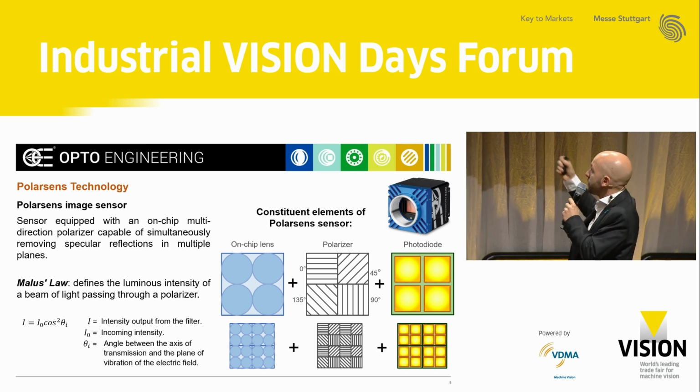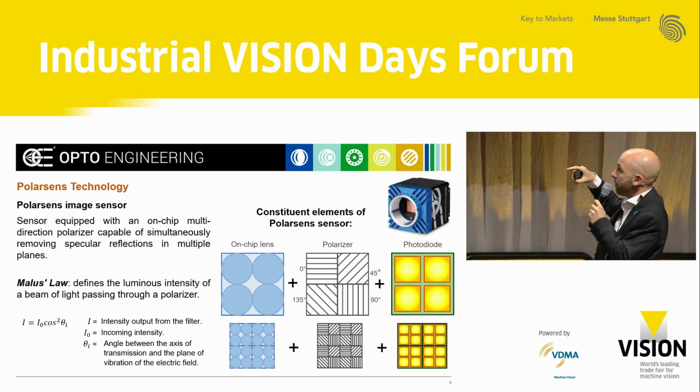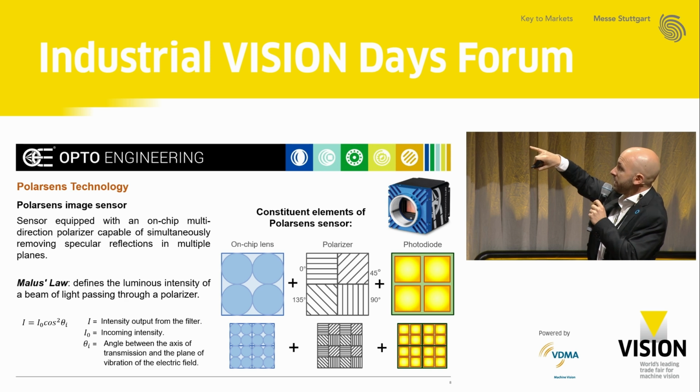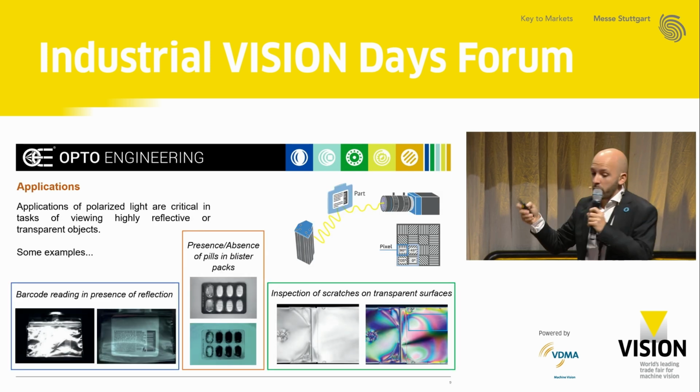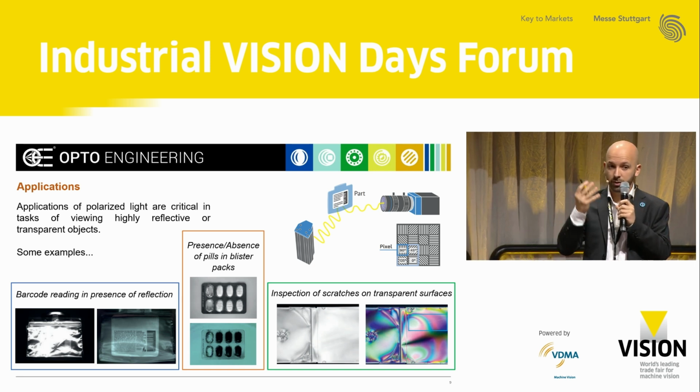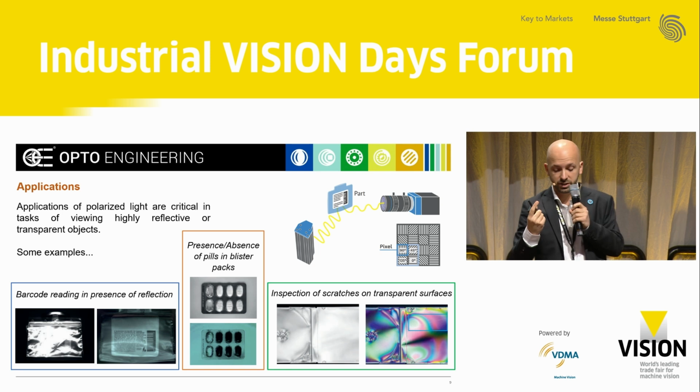The outcoming wave is defined by Malus's law, which shows the dependence on the angle at which the wave strikes the polarizer. In that way, we can combine 4 polarizing filters in just one sensor.